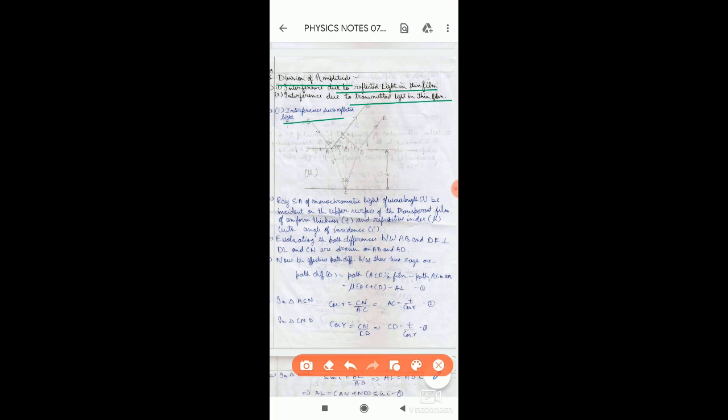A ray SA of monochromatic light of wavelength lambda is incident on the upper surface of the transparent film with angle of incidence i. Now we evaluate the path difference between AB and DE, as shown in the figure.